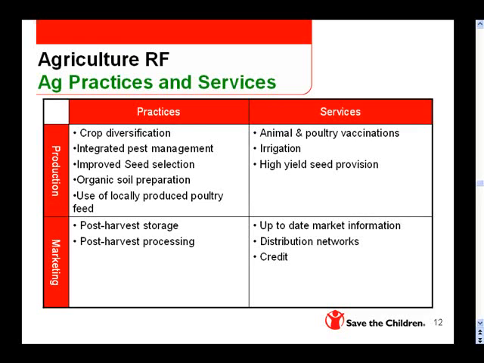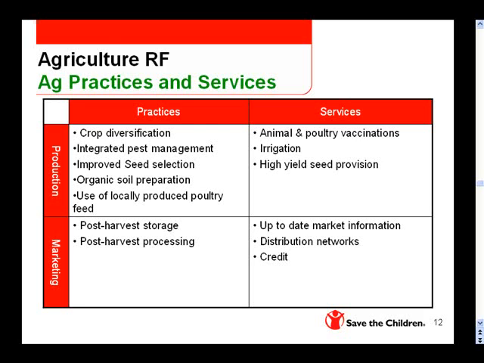When we're talking about practices related to the production, we refer to crop diversification, improved seed selection, use of locally produced poultry feed, etc. When we're talking about services for the production side, we might refer to animal and poultry vaccinations, irrigation, high yield seed provision, etc. When we're talking about practices related to the marketing element, we might refer to post-harvest storage or post-harvest processing.